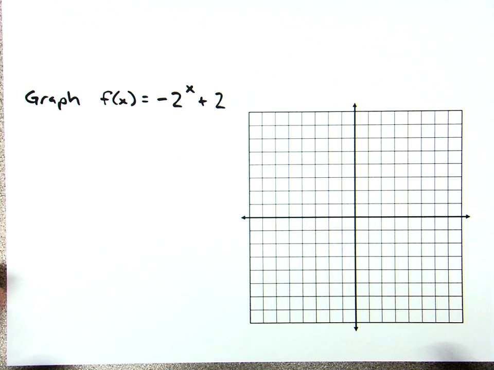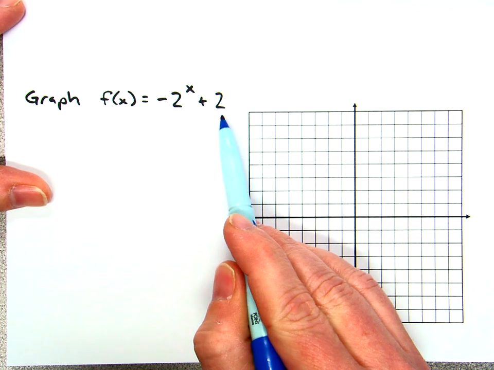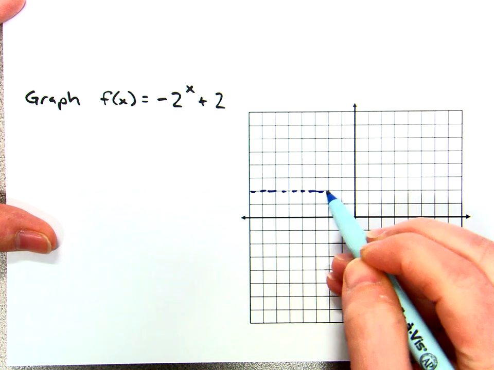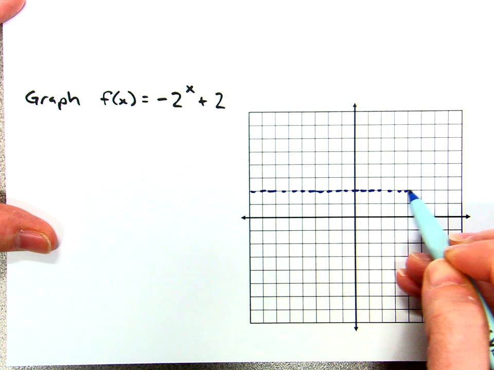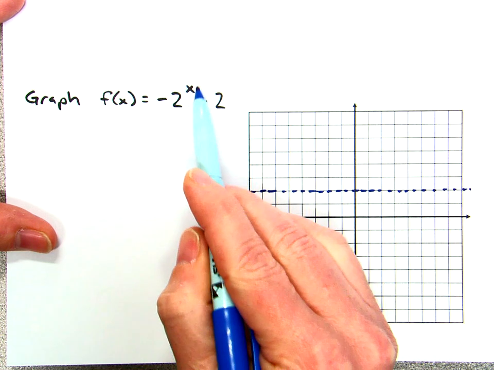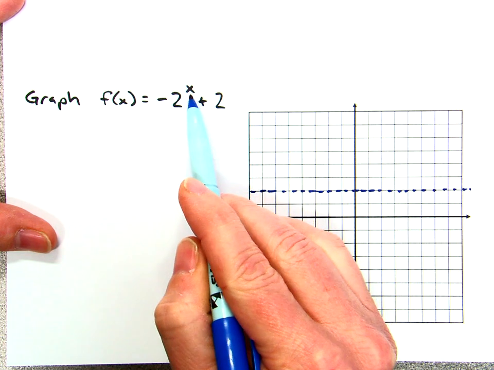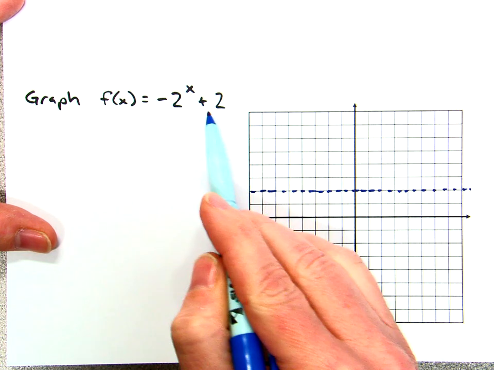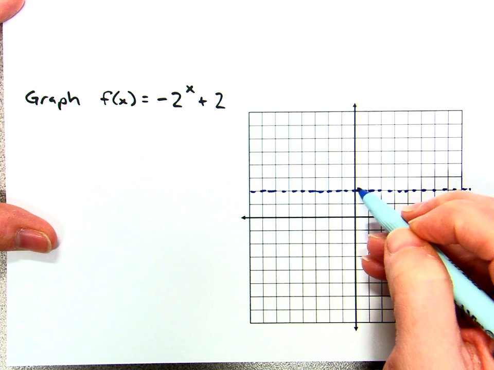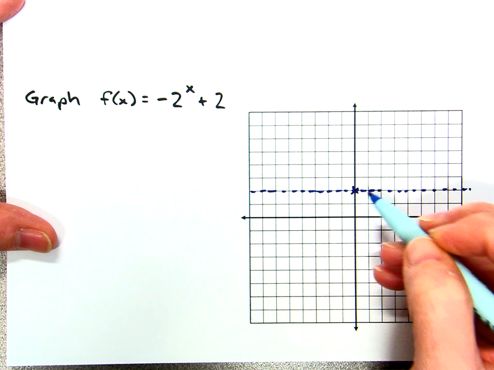Okay. So again, plus 2 means that my horizontal asymptote is here at 2. Right, that makes that pretty obvious. There's no horizontal shift. That's fine, so I'm just going to go nowhere left or right, but simply up 2. So from our origin, the new origin is going to be up here at 2, right?